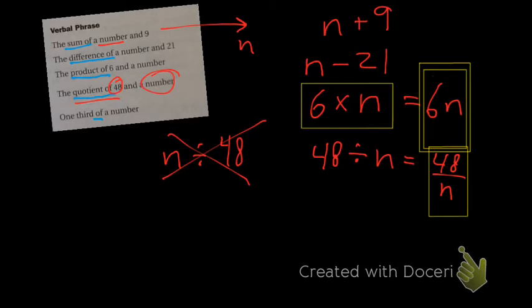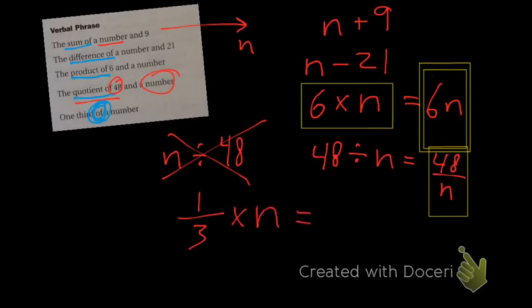Finally, 1/3 of a number. Well, 1/3 I know looks like this, and of a number. Of means multiplication. Of by itself. Okay, notice here that of is by itself. It's not product of or sum of, it's just of. So 1/3 of a number. It means 1/3 times n.